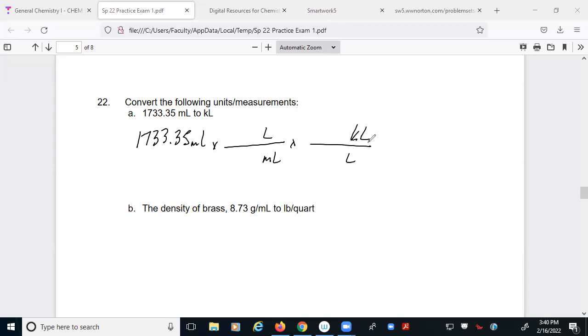But assuming that you don't know that off the top of your head, this would be the way to go about it, because you should know, based on your experiences with the metric system, that there are 1,000 milliliters in a liter. Milli means 1/1000th of a liter. And you should know also from your experience that there are 1,000 base units in a kilo. So if you take 1,000 times 1,000, that's where the million comes from.